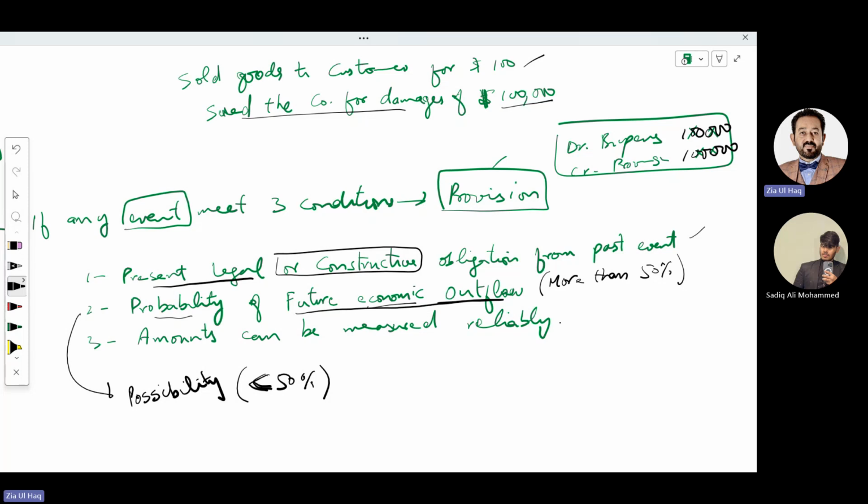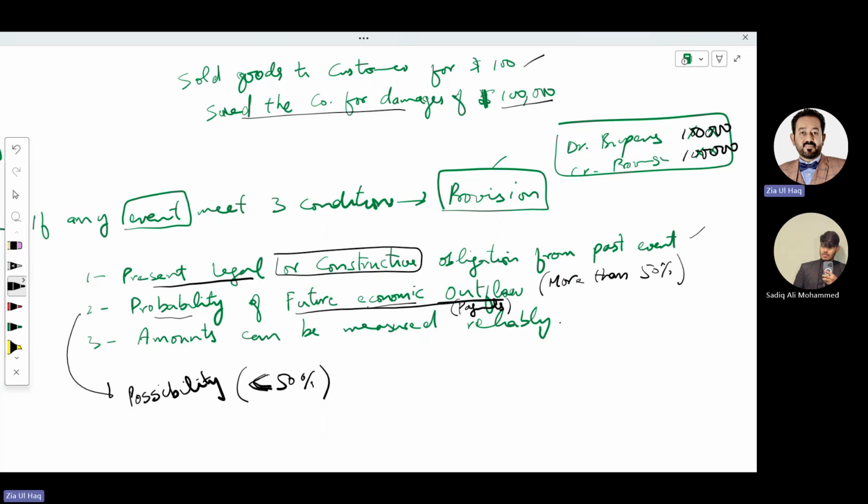And if the amount is known, how much amount does the company need to pay? Obviously, the customer has sued for damages of 100,000. This means the amount is known. If the amount is not known, then the third condition is not met. There shouldn't be any provision. Can you understand this? Present legal obligation means the court can decide that the company is guilty. And chances are more than 50% of outflow, meaning future payments in money terms.